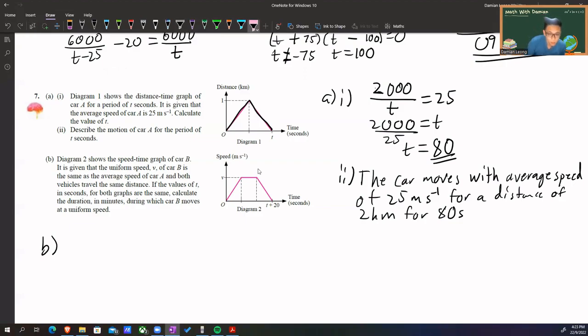Uniform speed of car B. Okay. Uniform speed of car B means this part right here.